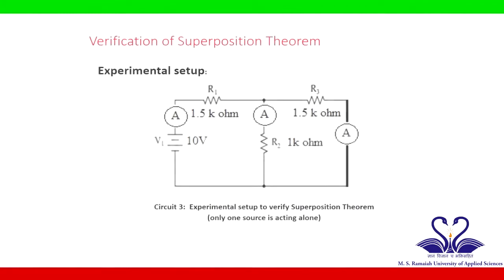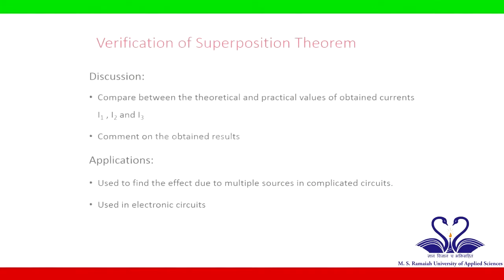Now, set the value of RPS1 to a particular value and RPS2 to 0 volts and measure the current flowing through the 1 kilo ohm resistor. Superimpose the currents and verify. Superposition theorem has been verified.